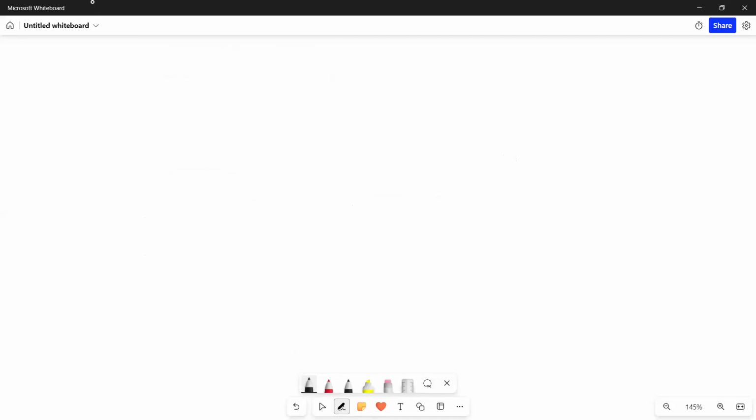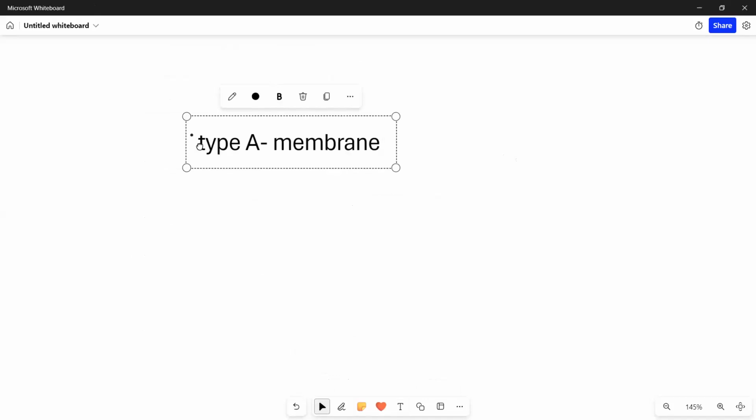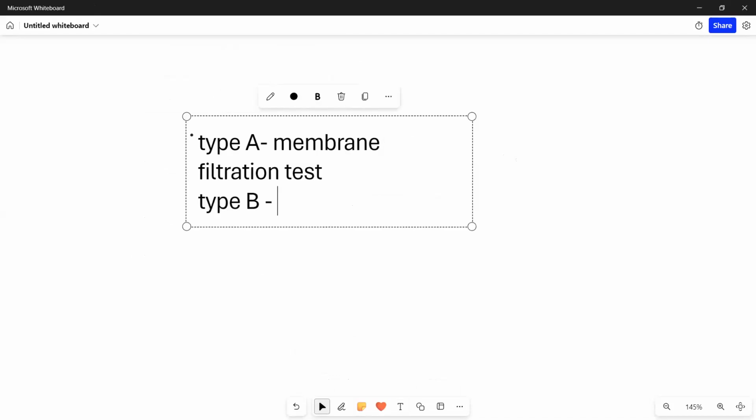Type A is the membrane filtration method, while type B is the direct inoculation test.